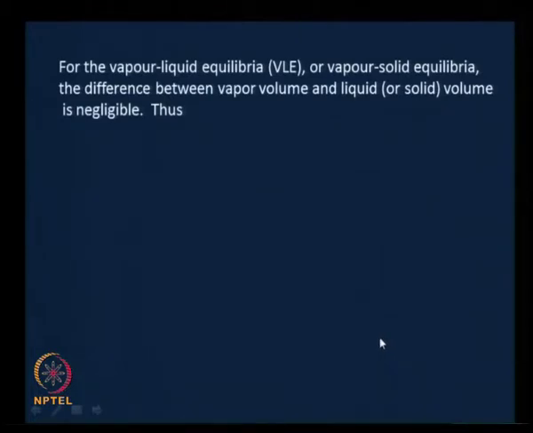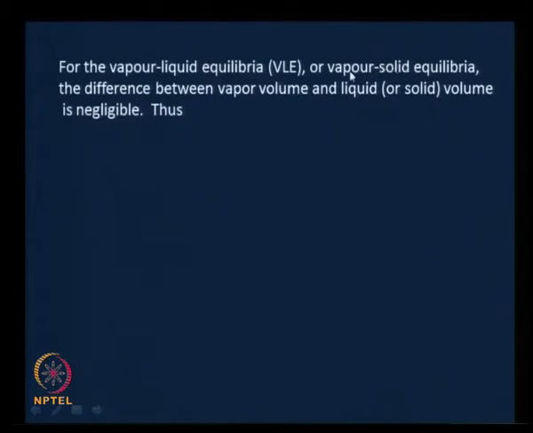For the vapor liquid equilibrium or vapor solid equilibrium, the difference between the vapor volume and the liquid or the solid volume is negligible. The vapor volume of a unit amount or a unit mass of a certain substance is typically tens of times the liquid volume, typically about 30 to 50 to 80 times the liquid volume for a unit mass of the substance.